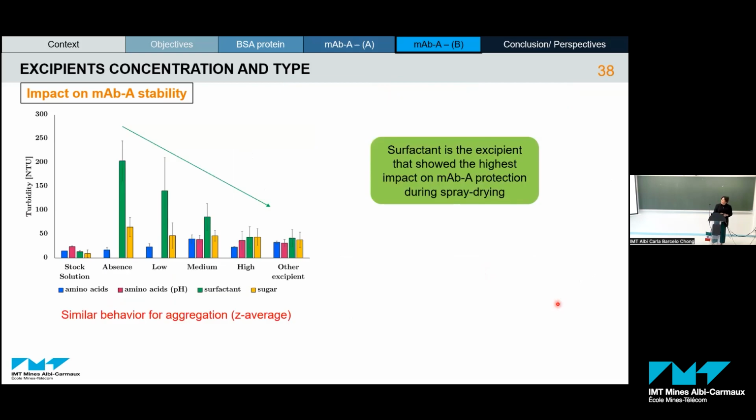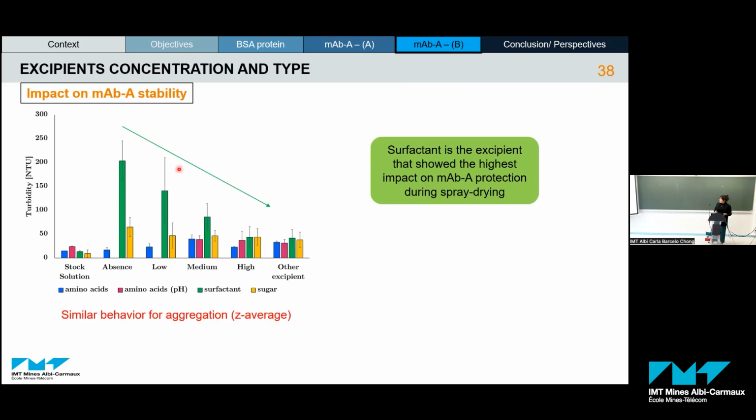The results of this part showed that the alternative excipients used are very similar to the high level obtained for the excipients already used, but the most important part of this section is that the surfactant shows the highest impact on the reduction of turbidity and aggregation during the spray drying process for a monoclonal antibody.